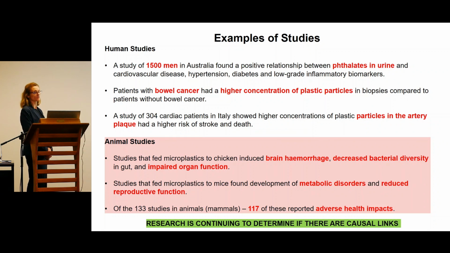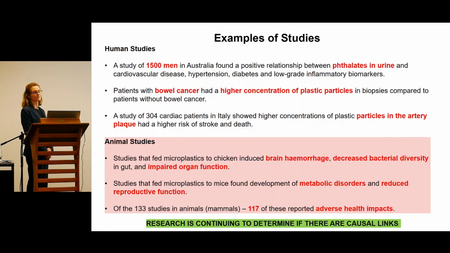And in another study of bowel cancer patients, they had a higher concentration of plastic particles than non-cancer patients. In another study of cardiac patients, there was a higher concentration of plastic particles in the artery plaque, which they suggested may produce a higher risk of stroke or death.